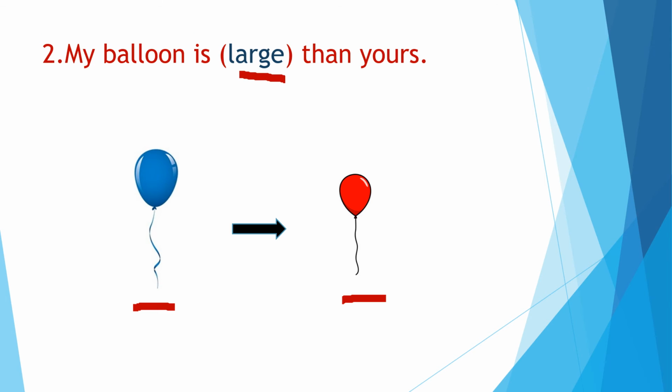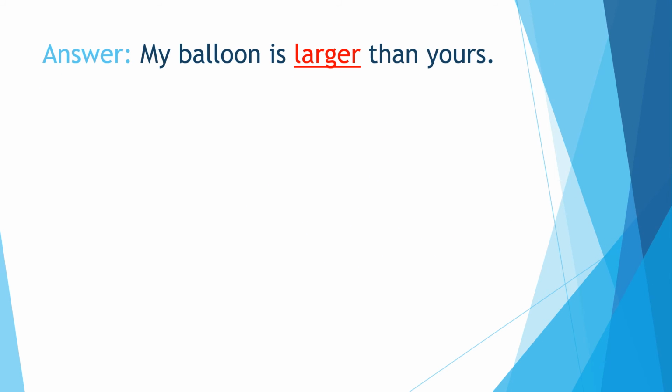So whenever we are comparing things between two, it stands for comparative degree only. Then what do we need to add at the end of the adjective? Very good, we need to add er. So the correct answer will be, my balloon is larger than yours.